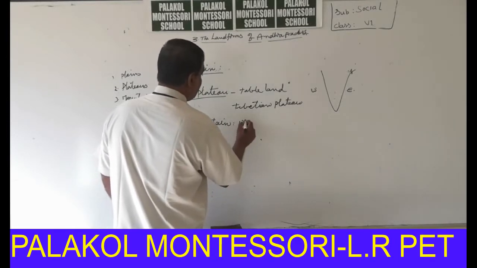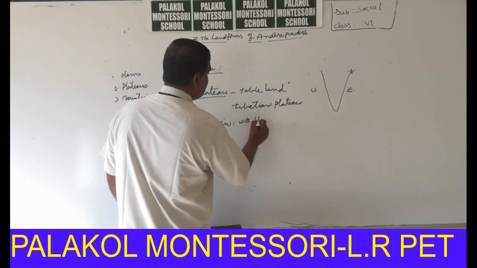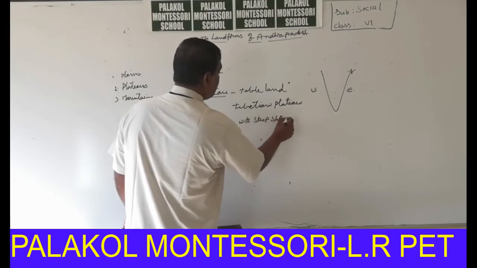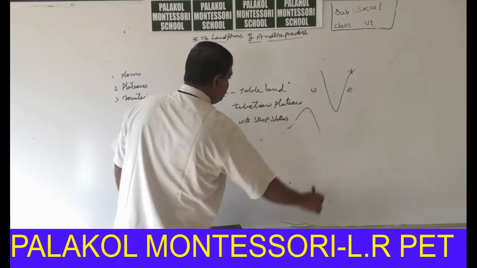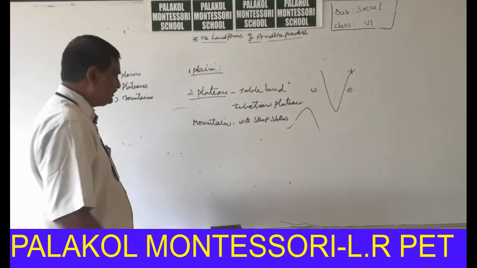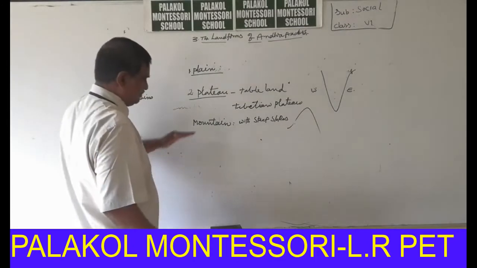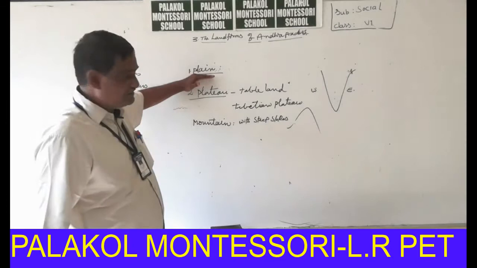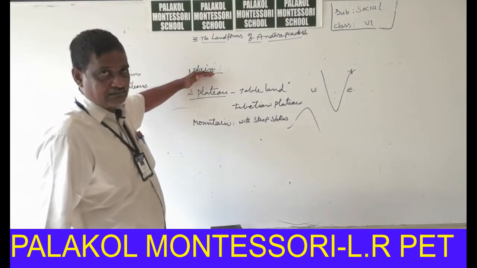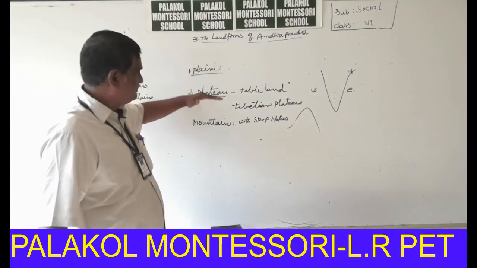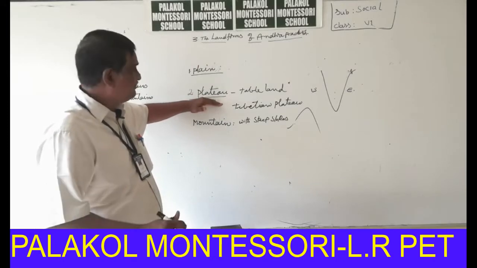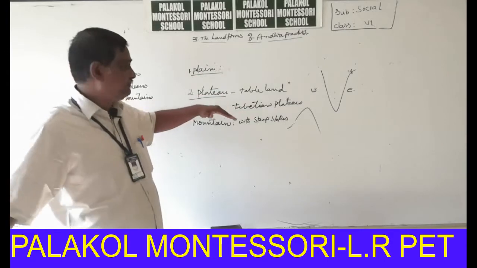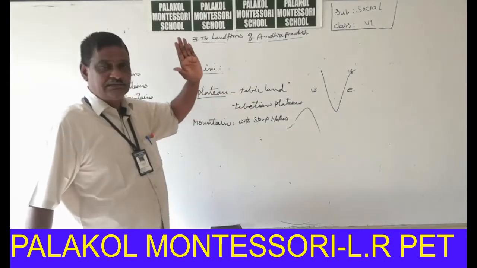These are the mountains. Understand? Plains are flat surfaces without ups and downs. Plateaus are higher than plains, like a table. It is also called a tableland.